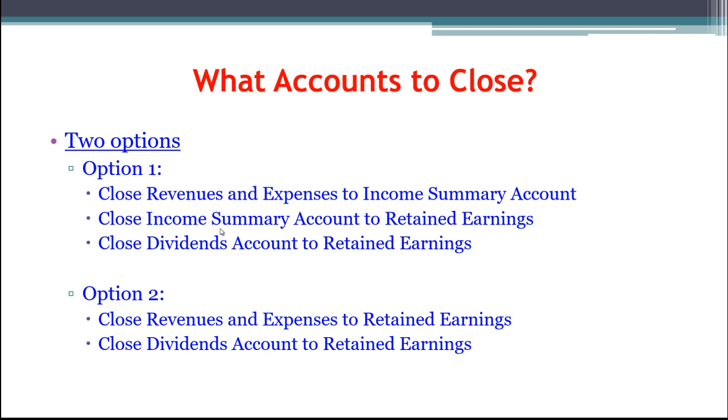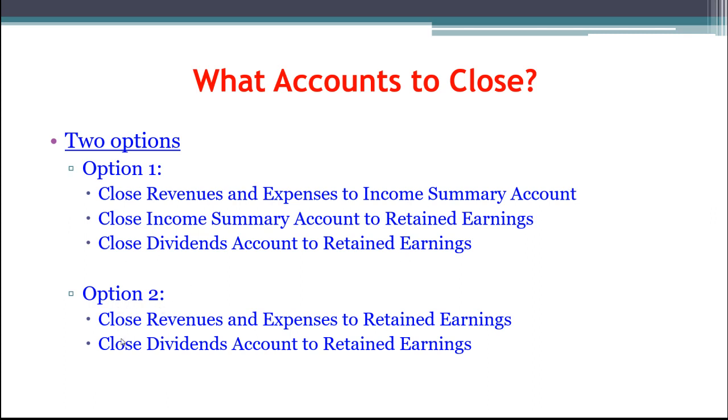Then you turn around and close that income summary account out to retained earnings. In other words, this one account is opened up and immediately closed. It only exists for a split second there in the closing process. It's almost a check figure, if you will. You close that out to retained earnings. Then you go ahead and close dividends out to retained earnings as well.